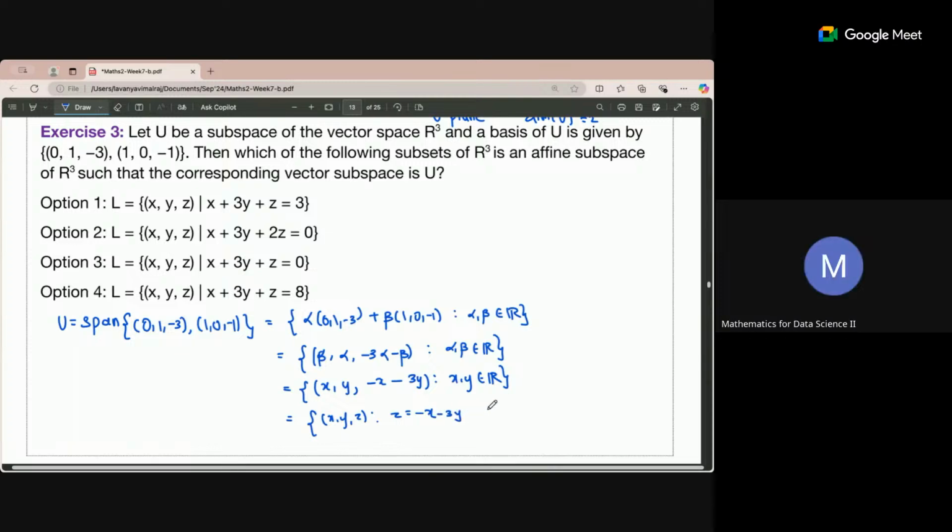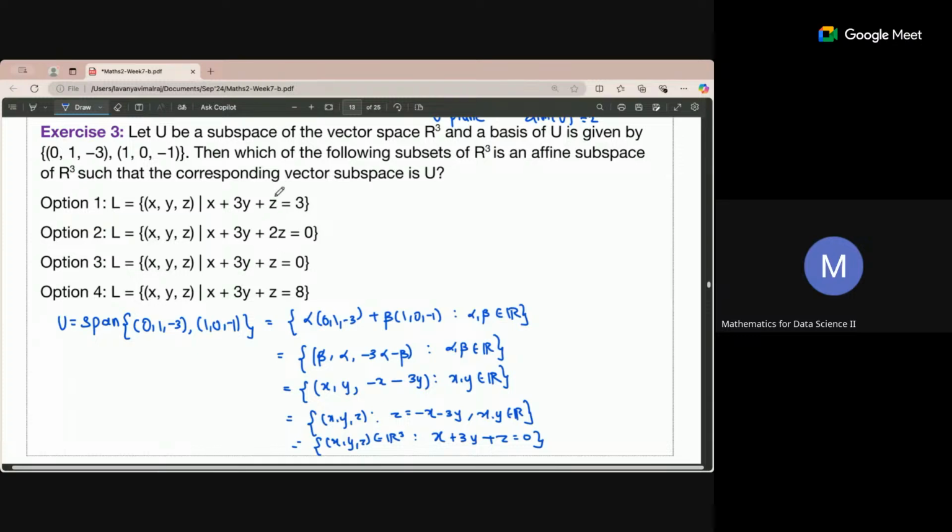So you can also write it as the set of all x, y, z in R3 such that x plus 3y plus z is equal to 0. I'm just rewriting this. Z will be minus y minus 3x, where x is beta and y is alpha. Now you have got what your U is.